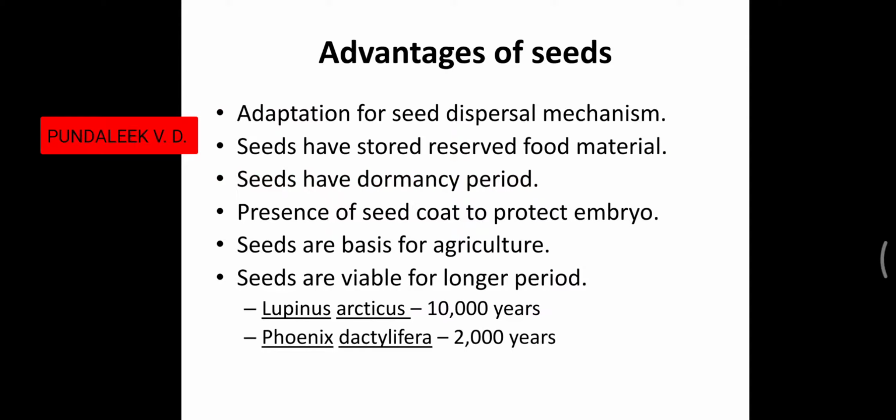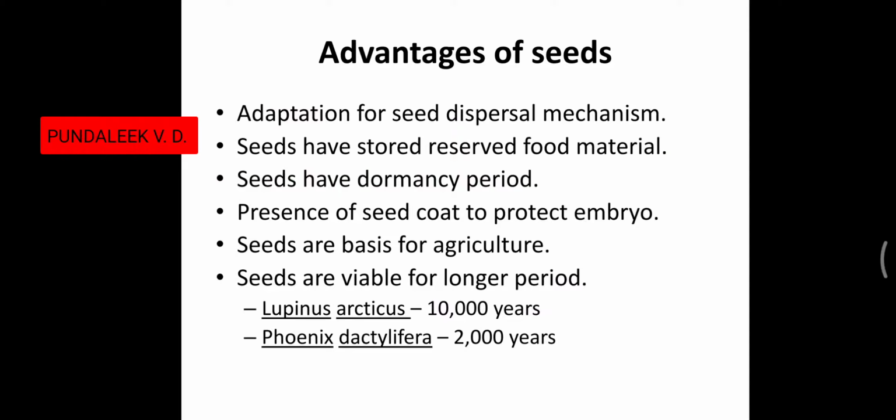The first advantage: the produced seeds have better adaptation for seed dispersal mechanism. So what is a seed dispersal mechanism? Seed dispersal is nothing but spreading seeds from one area to another area. It is very important in order to maintain vegetation without competition.